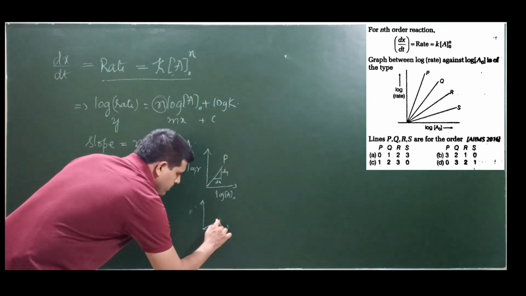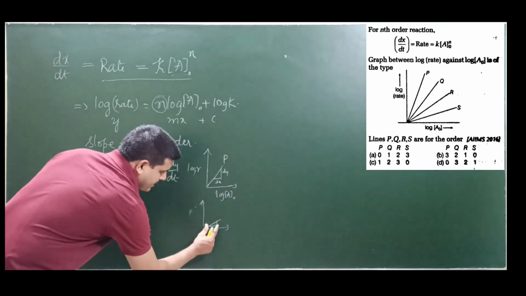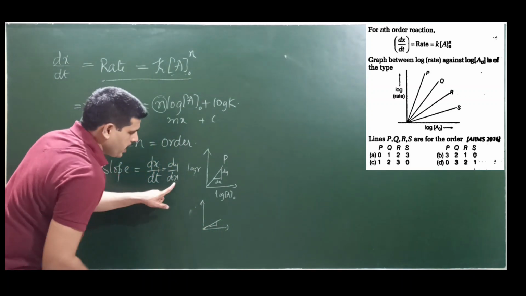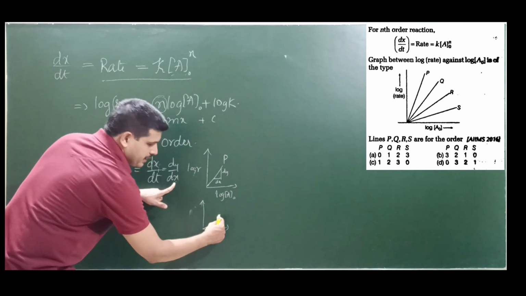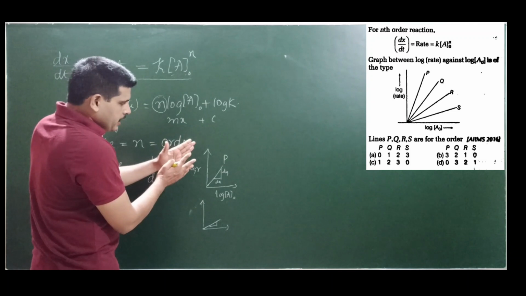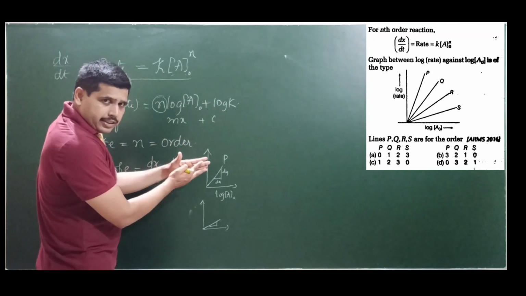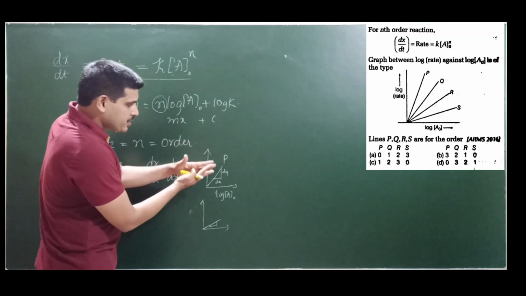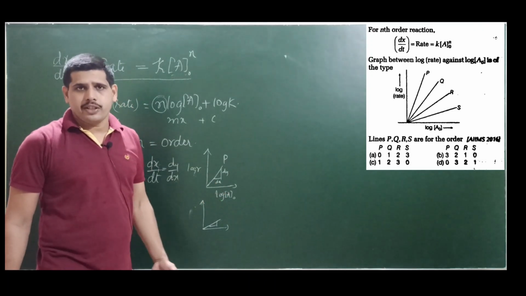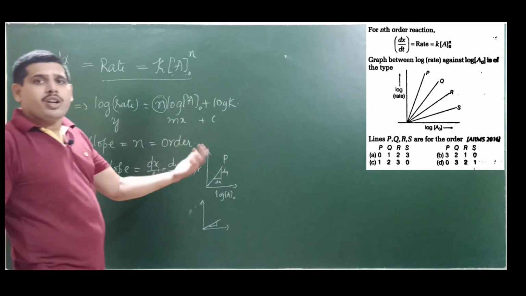See here, what happens to the slope? Here the denominator term dx is more rather than dy, isn't it? So slope will be less. So as the graph tilts towards the x-axis, the slope is going to decrease. As a result, the order also decreases.